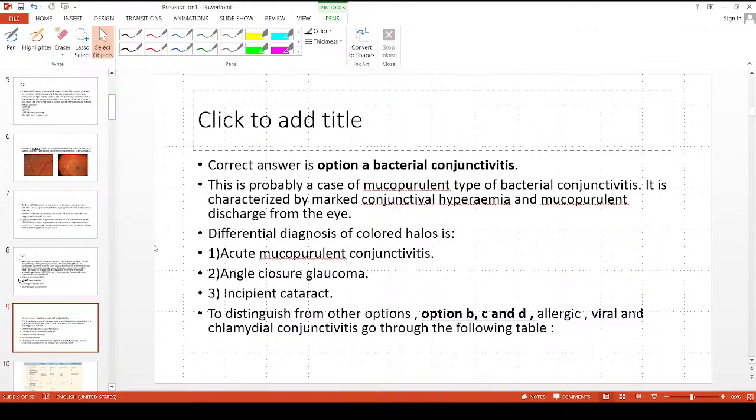So you need to remember that whenever a symptom comes, you should know its differential diagnosis also, for very evident, common, and commonly asked symptoms. Like colored halos, you should know three differential diagnoses: first is acute mucopurulent conjunctivitis, second is angle closure glaucoma, and third is incipient cataract. So we are here dealing with conjunctivitis.